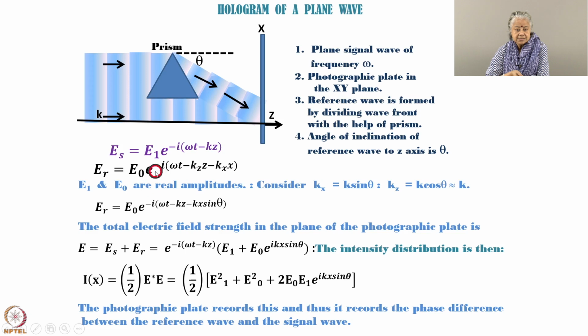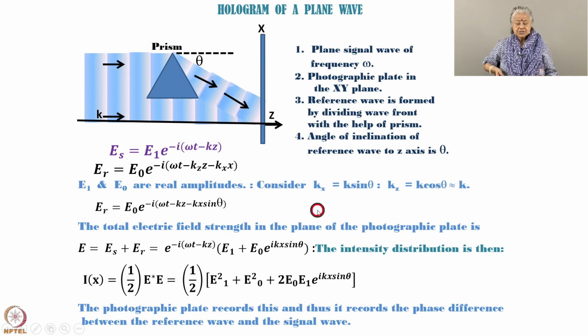E1 and E0 are real amplitudes, and from here by geometry itself you can see kx is equal to k sin theta. Sin theta is opposite upon hypotenuse. So this opposite is k sin theta, and kz is equal to k cos theta, which is almost equal to k.